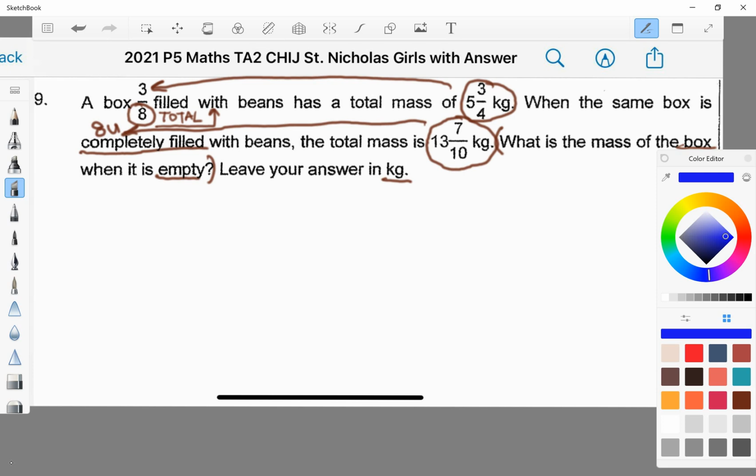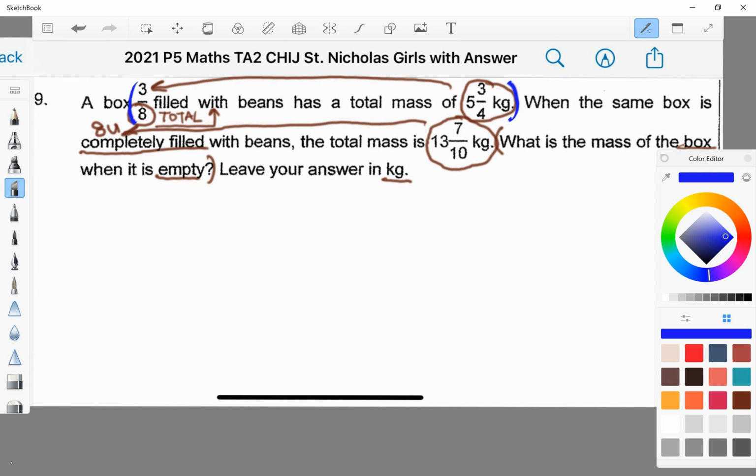So first crucial information for us will be 3 out of 8 all the way to 5 3/4 kilograms. It basically means that when there are 3 units of beans in the box, the mass of the box with 3 units can be represented by 5 3/4 kilograms.